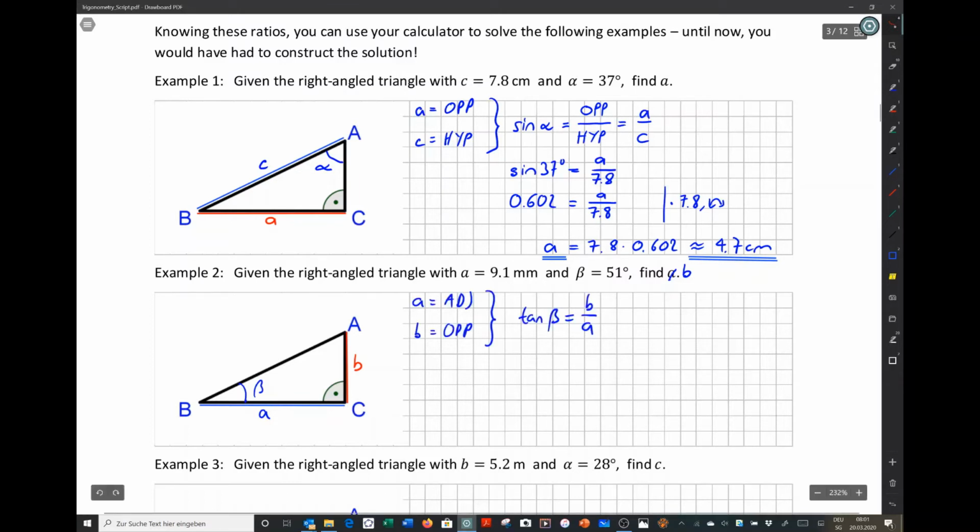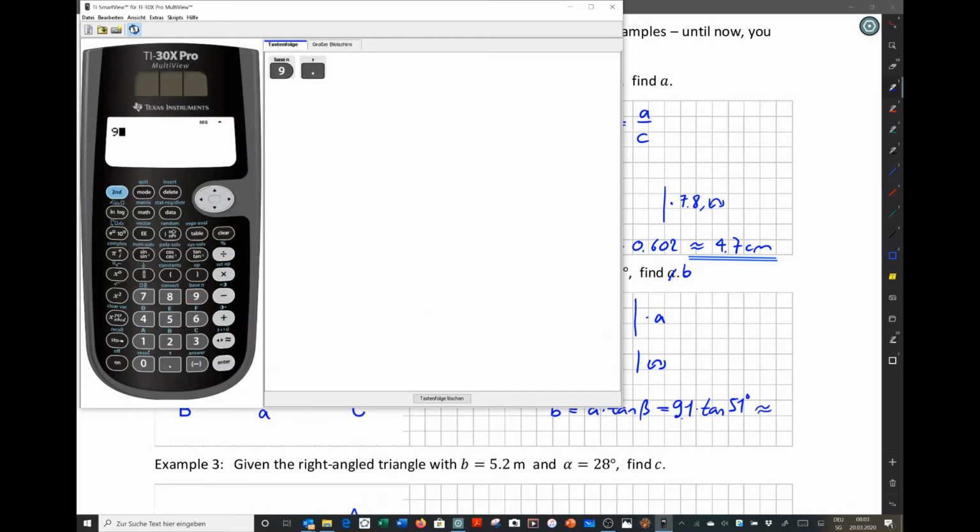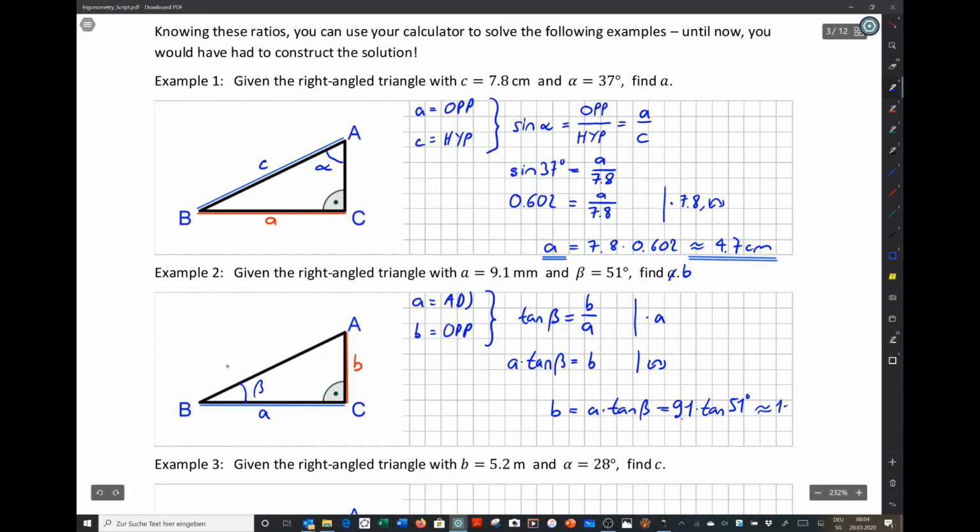So we have to look at the tangent of beta, which is B divided by A. Let us solve that first for B before inserting the values, so we have to multiply by A, and we get A times tangent of beta is B. Then let's switch sides, we get B is equal to A times tangent of beta. Let's insert the values now. 9.1 times tangent of 51, and we get approximately 11.2 millimeters.